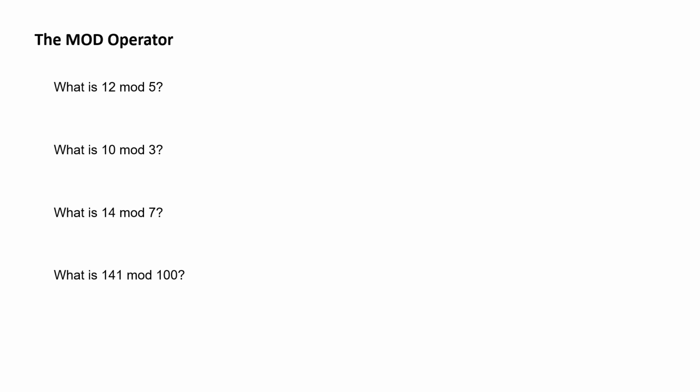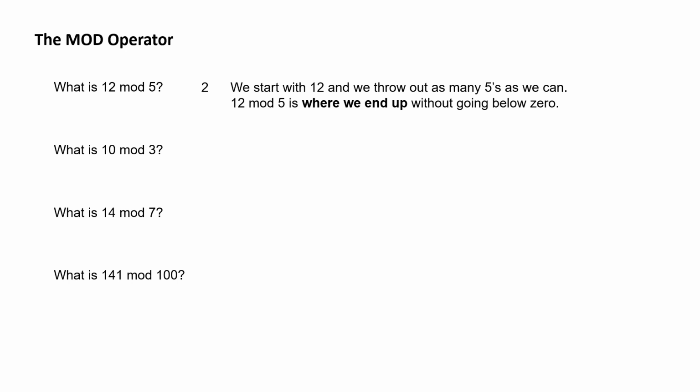What would we say that 12 mod 5 is? This is the way I like to think about it: we would take as many 5s as we could and throw them out of the 12 until we can't throw out any more before we would go below 0. So I start with 12, throw out a 5, throw out another 5.